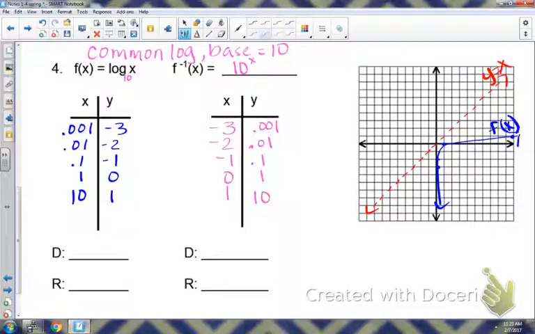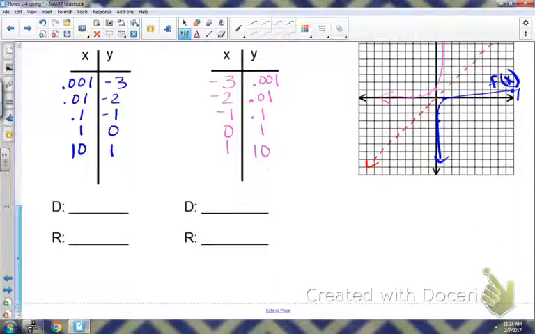So -3 would be 0.001, -2, 0.01, -1, 0.1, 0, 1, and 1, 10. So it's approaching the x-axis. Anytime you have an exponential graph, that's the inverse, it will be approaching that horizontal line. So in this case, it's the x-axis. All right, your domain and range are the same every time for your log and your exponential. So I'm going to go ahead and skip over that and then go on to number 5.